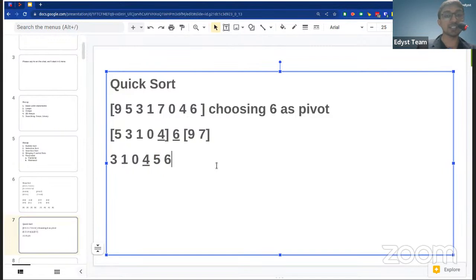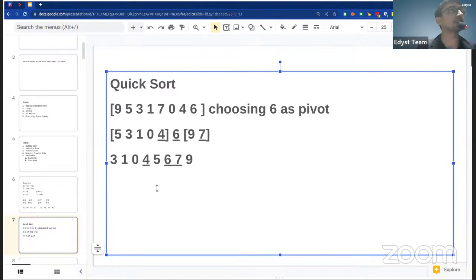Then here 6 as usual. Here what should be the pivot? 7. So what will come here? 7, 9. So 6, 7 and 4 are all in their correct positions, because pivots always reach the correct position.